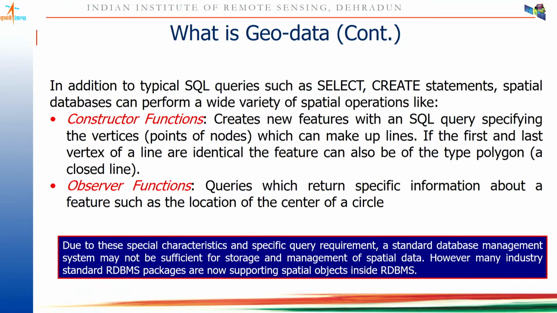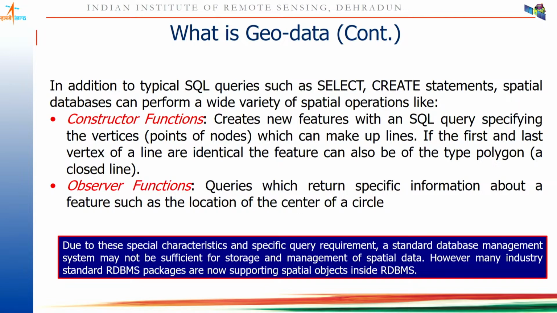Due to these spatial characteristics and specific query requirements, a standard database management system may not be sufficient for storage and management of spatial data. However, many industry standard RDBMS, like Oracle, MySQL, PostgreSQL, DB2, there are many database systems, are basically supporting the spatial object inside the RDBMS. Typically, we deal only with tabular data where we define the rows and columns and store our data there.